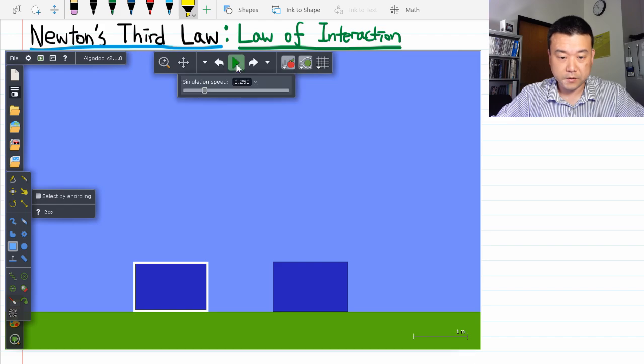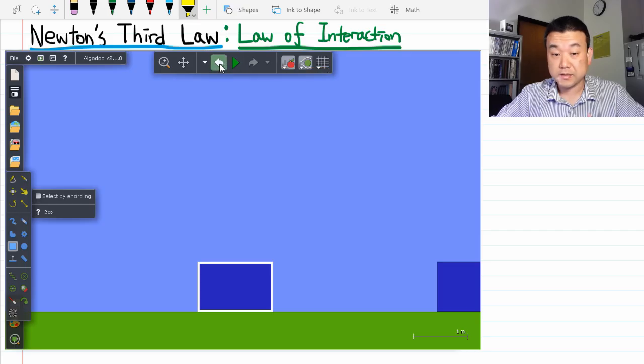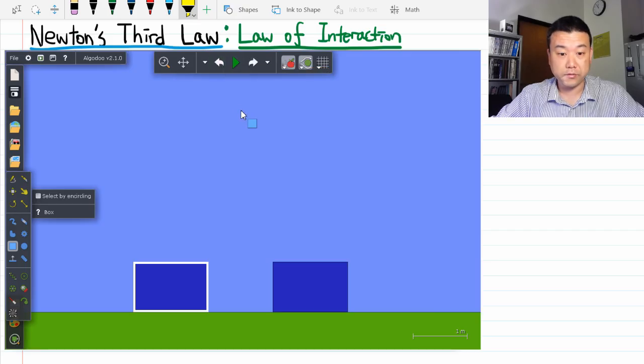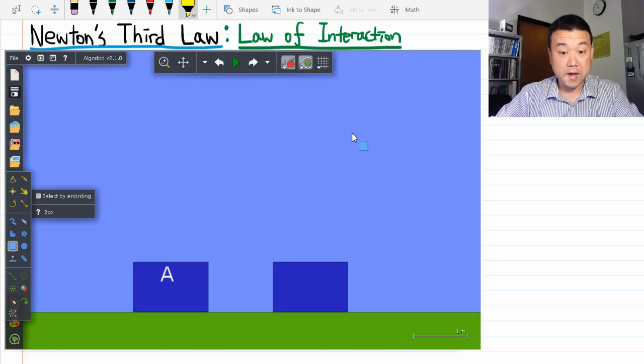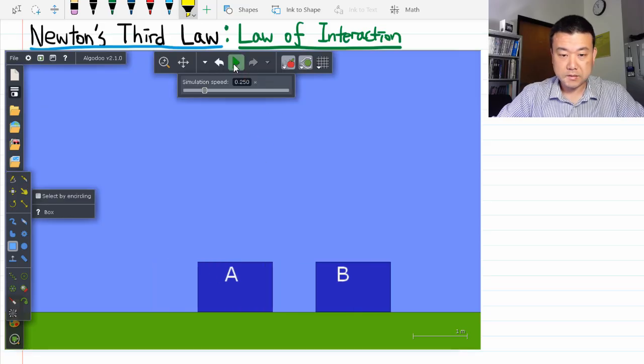You've seen this before. Box A slides to the right, strikes, and then stops. And it's this interaction that I want you to think through. As box A strikes box B, B speeds away because there was a force on box B pushing it to the right. And at the same time that's happening, box A is slowing down.